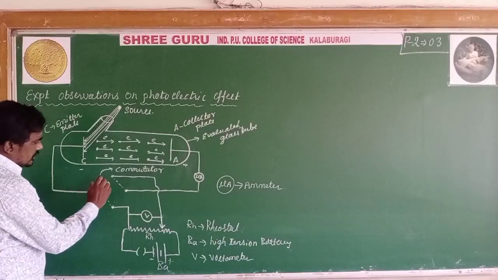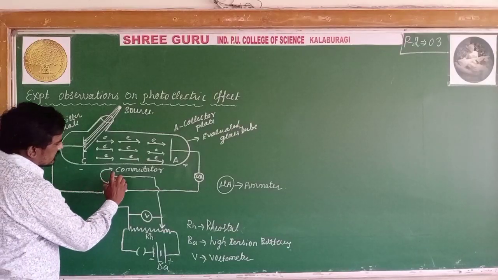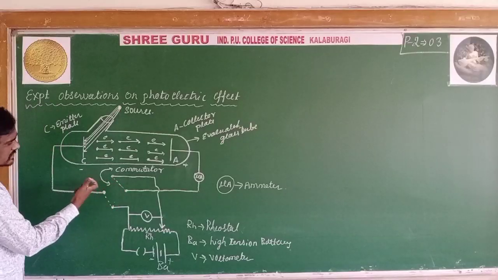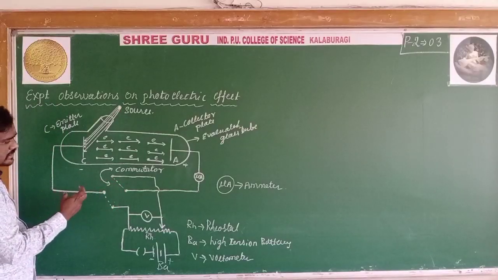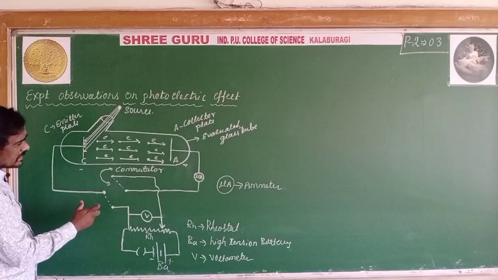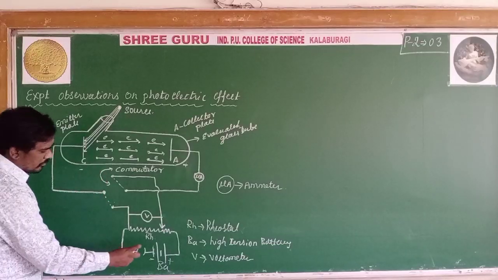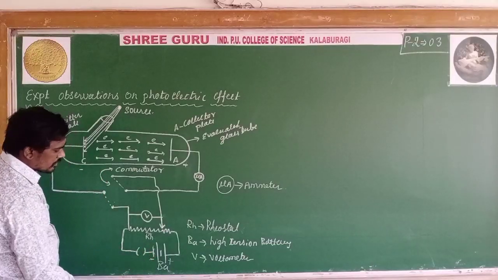Suppose the commutator reverses the circuit, so the terminals change from positive to negative and negative to positive.